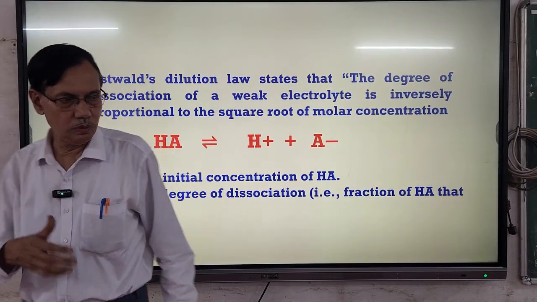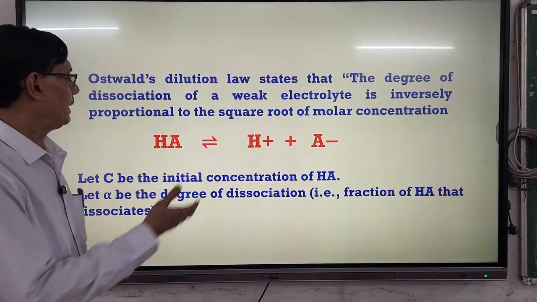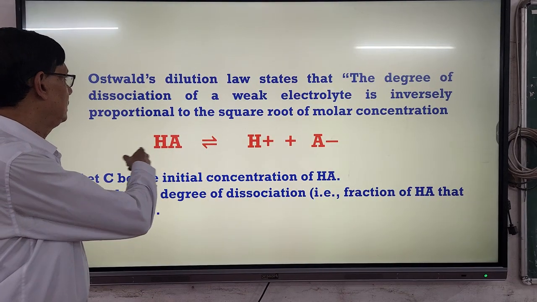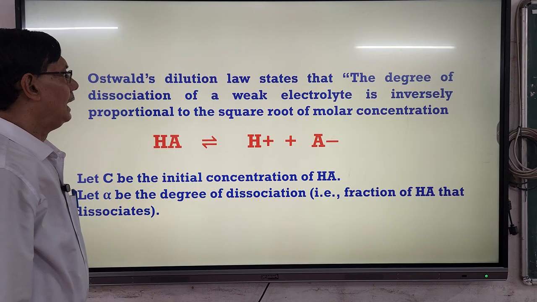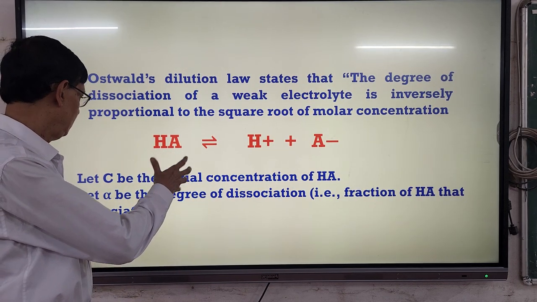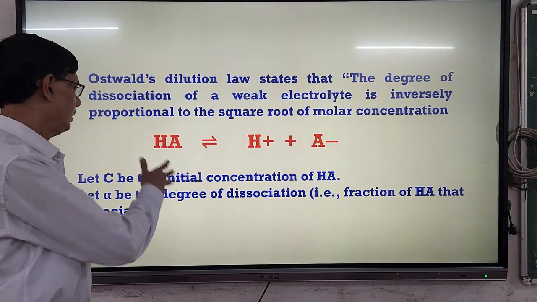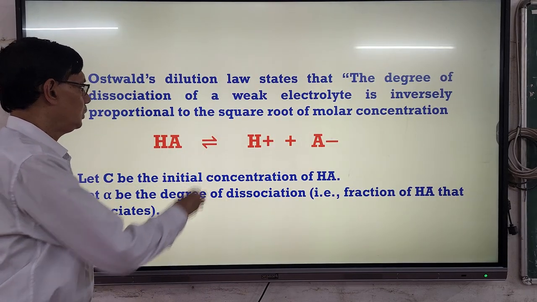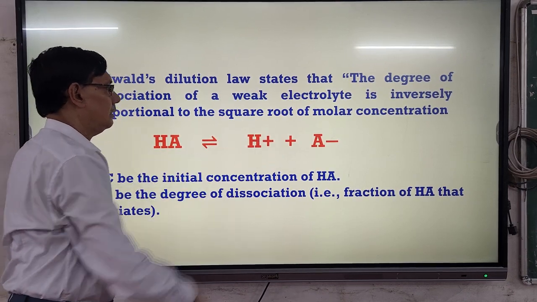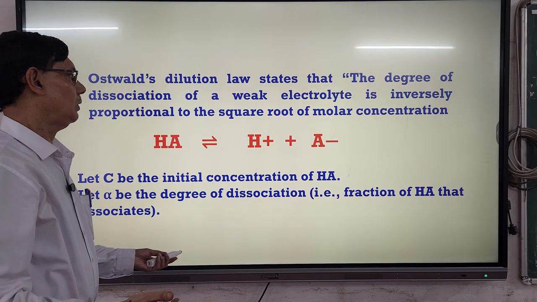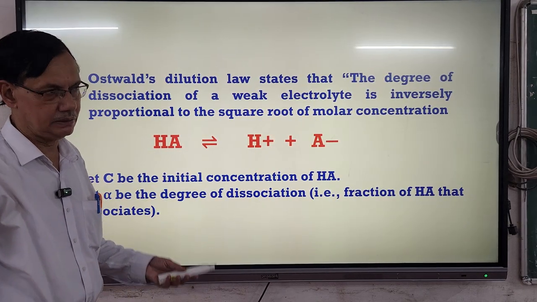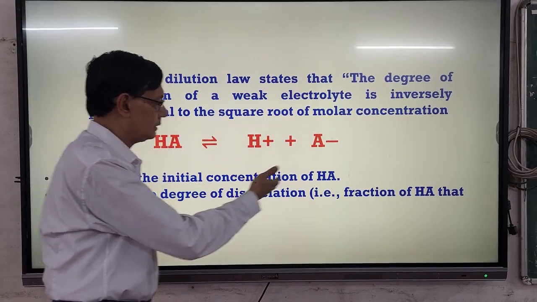ओसवाल्ड डाइल्यूशन लॉ को डिराइव करने के लिए मैं एक सिंपल इलेक्ट्रोलाइट ले रहा हूं, दैट इज़ वीक इलेक्ट्रोलाइट, एंड दैट वीक इलेक्ट्रोलाइट एट रूम टेम्परेचर इट डिसोसिएट्स इनटू हाइड्रोजन आयन एंड द A ion. So I can take a particular reaction, that means I can also take the acetic acid also. Let me explain these things.